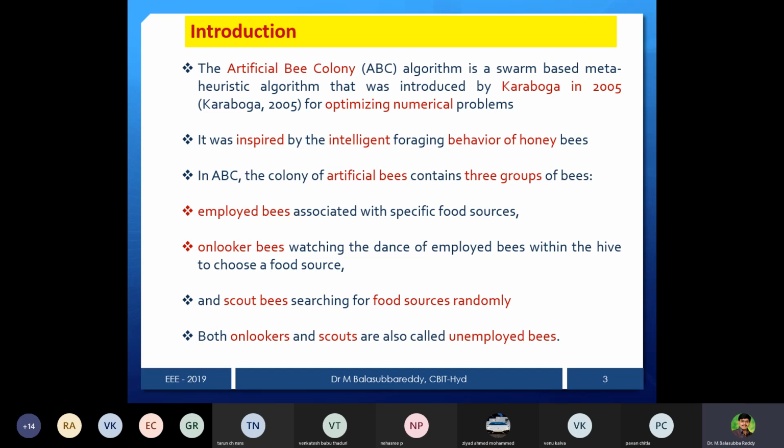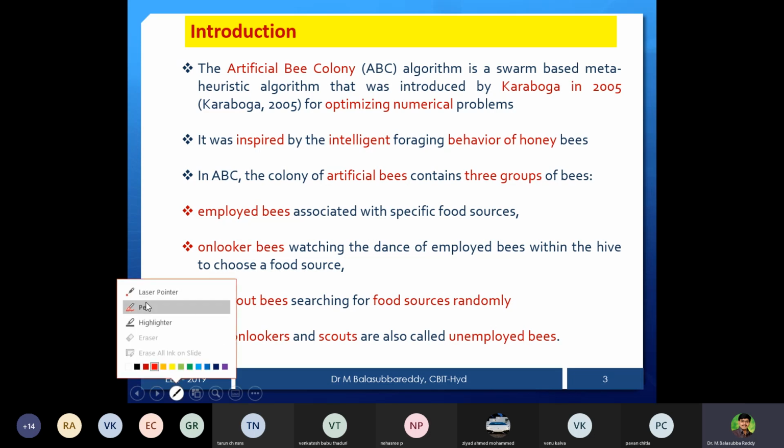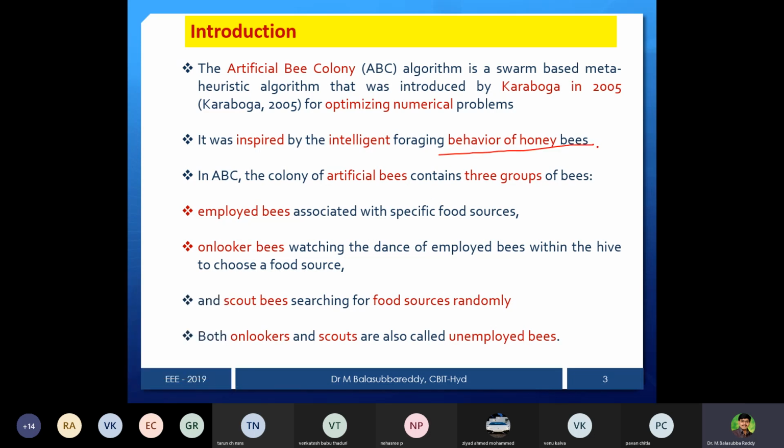And now in ABC, the colony of artificial bees contains 3 groups of bees. That means this is inspired by honeybees, and based on their behavior we are going to develop this algorithm.